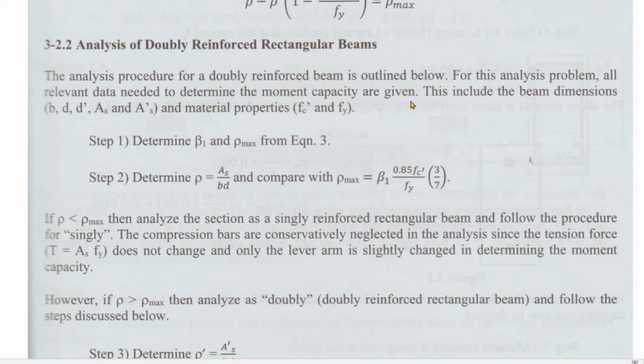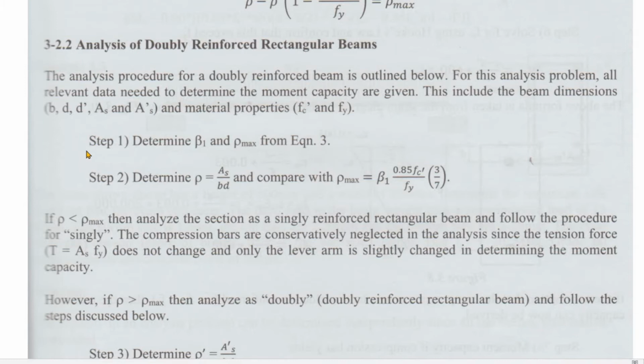This includes the beam dimensions, b, ito yung width ng beam, d, the effective depth of your tension steel, d prime, that is the effective depth of your compression steel, tapos yung tension steel, which is AS, and then your compression steel na A prime S. And of course, you have the material properties, F prime C for concrete and Fy for steel.